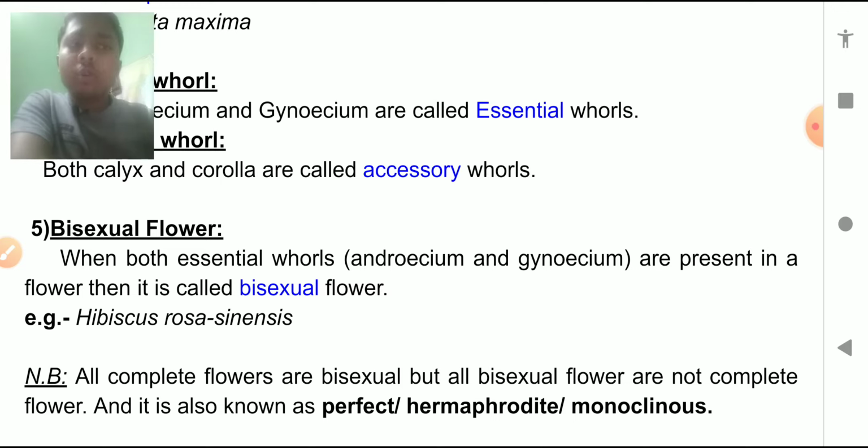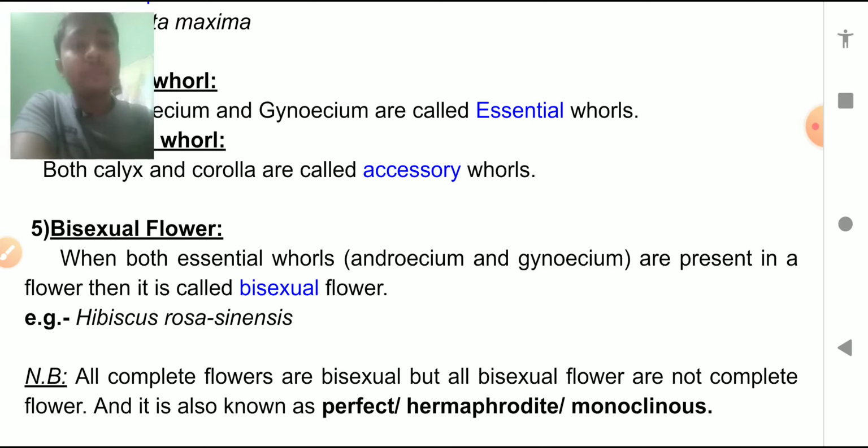Always remember one thing: when you meet any term in biology, it is always related to its meaning. Like bisexual: bi means two, and sexual means sex organ. A bisexual flower means that both essential whorls, androecium and gynoecium, are present in a flower.